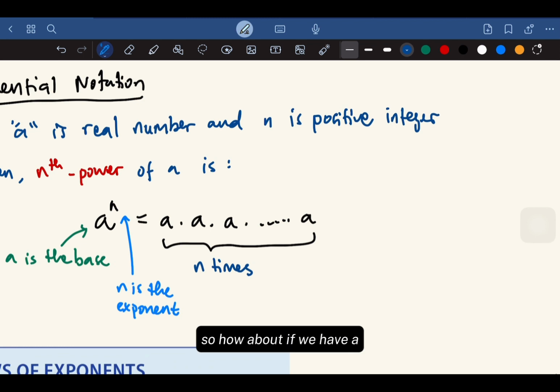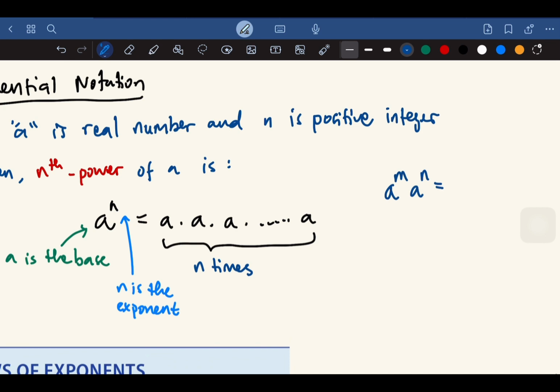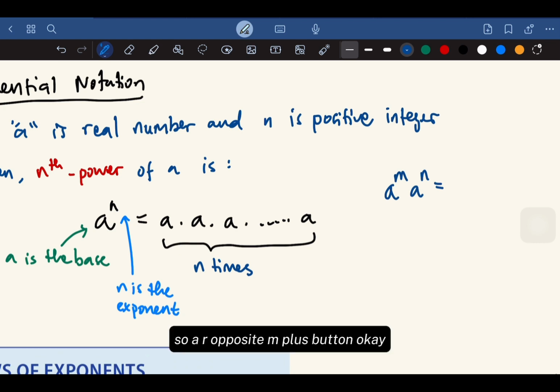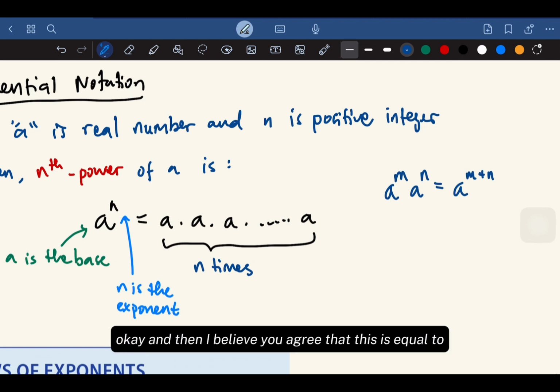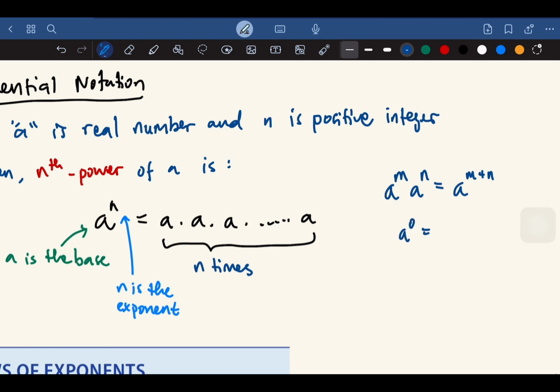So how about if we have a with power of m and a with power of n? So a power of m plus n. Okay, and then I believe you agree that this is equal to 1.